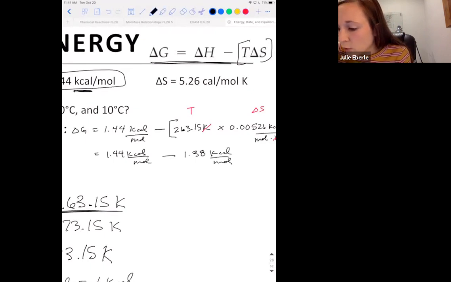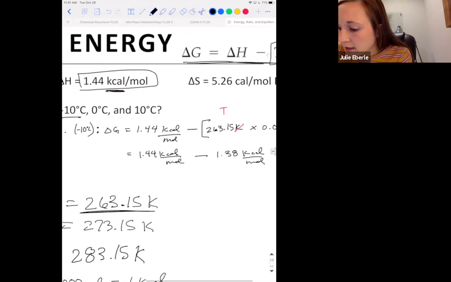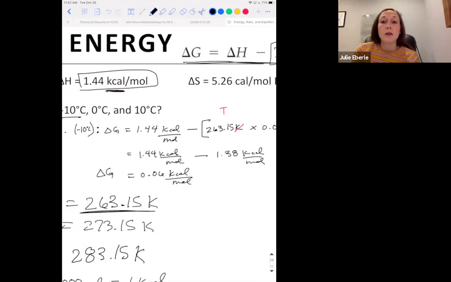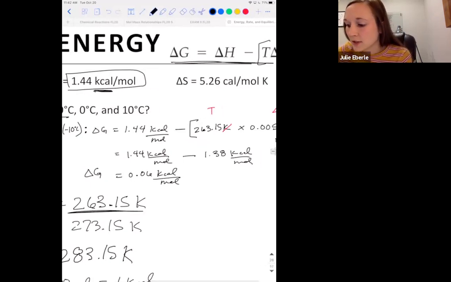So 1.44 minus 1.38, and you should get 0.06 kcal per mole. That is our delta G. That's teeny tiny. But what's important here is the sign on delta G. What is the sign? Is it a positive or a negative number? It's positive, 0.06.